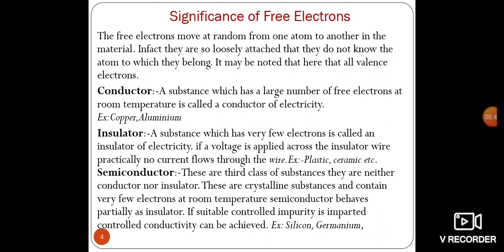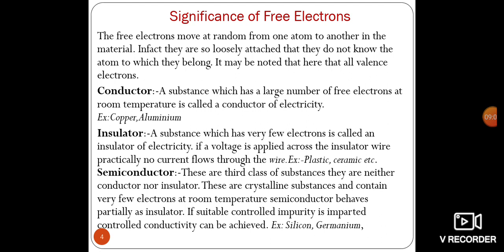If a suitable controlled impurity is imparted, controlled conductivity can be achieved. So if you impart impurities into the semiconductor substance, controlled conductivity of the material can be achieved. For example, the semiconductor materials are silicon and germanium.